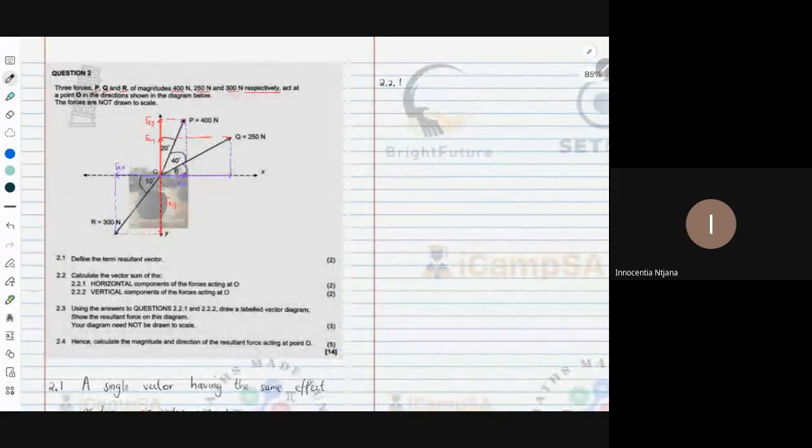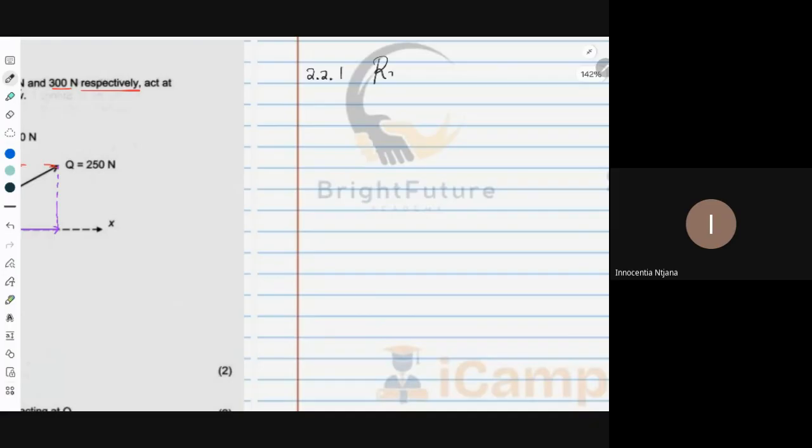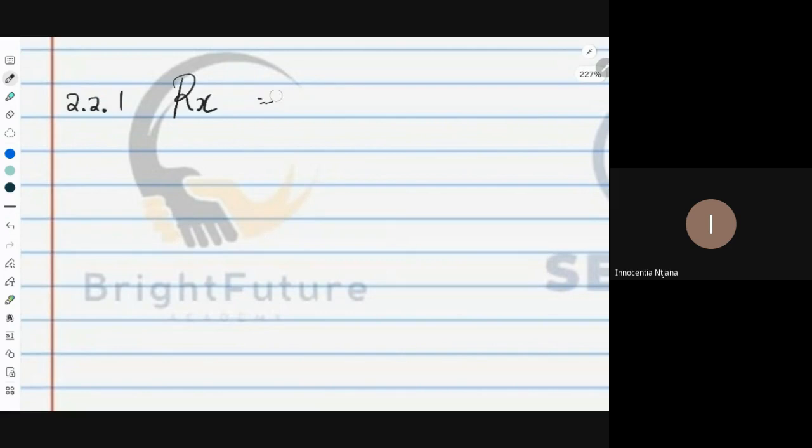This means we will have Rx, like what we've been doing before. Rx is the sum of our x components. Before we do that, let's choose a direction. Say I choose to the right as my positive.